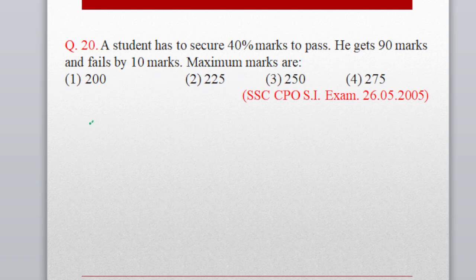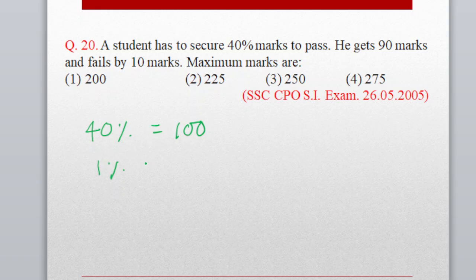That means pass percentage is 40%. So 40% is equal to a student gets 90 marks and fails by 10 marks. That means pass mark is 100 mark. So this is how this comes, 90 plus 10. So that is equal to 100. Now 40% is equal to 100.